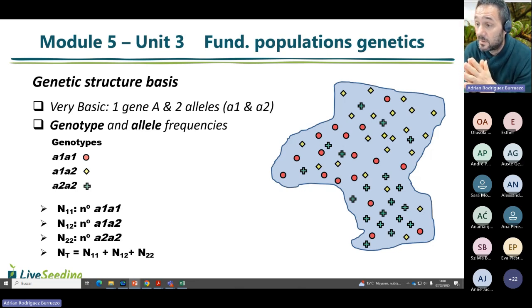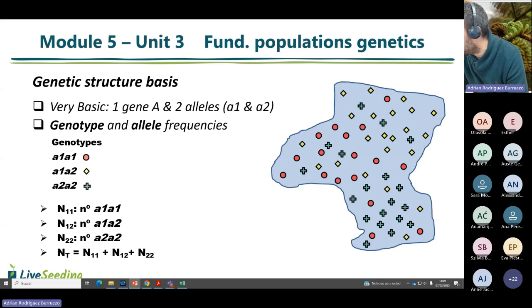So we have A1 A1 homozygous genotypes, A2 A2 homozygous, and the heterozygous genotype, A1 A2. Okay? To follow in a very easy way, I have represented an ideal population made of these three genotypes, and each point represents one individual.